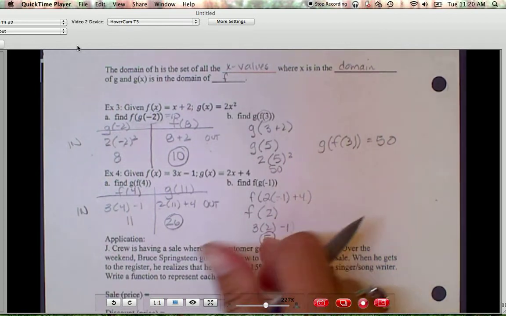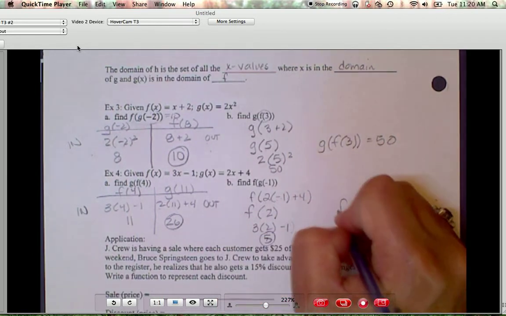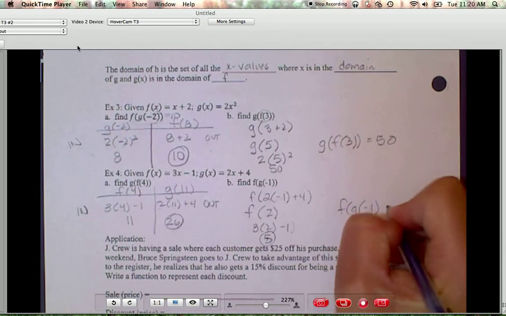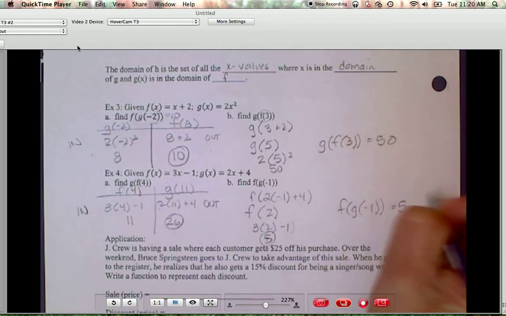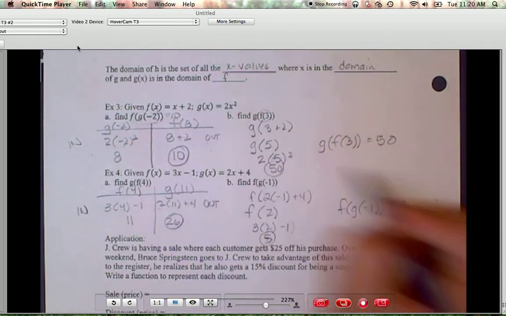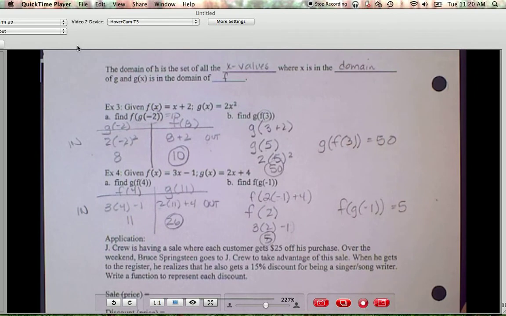And you can circle that answer at the bottom if you like, or you can write f of g of negative 1 equals 5. As long as I can see what the value of the composite function is, then we're okay.